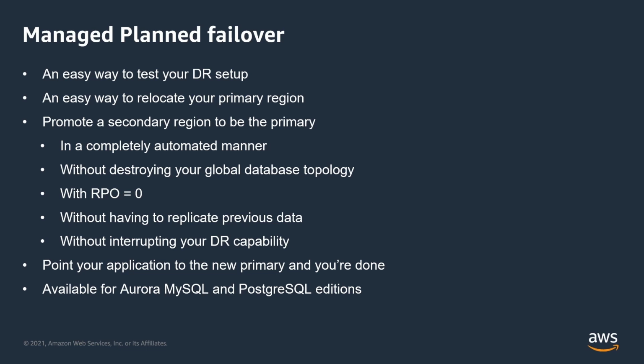So now you don't have to do any of that. It is completely automated. When you do a failover, the topology doesn't break at all. So in summary, managed planned failover reverses the replication direction, promotes the secondary to be the new primary without losing any data or breaking the global database topology. And it's done in a completely hands-off way. So that's pretty cool.